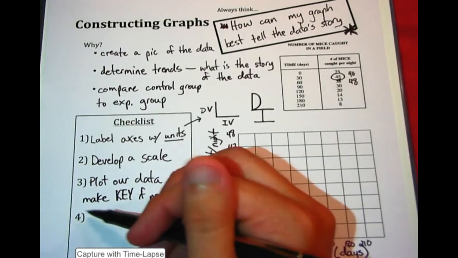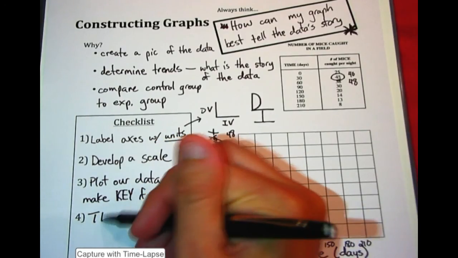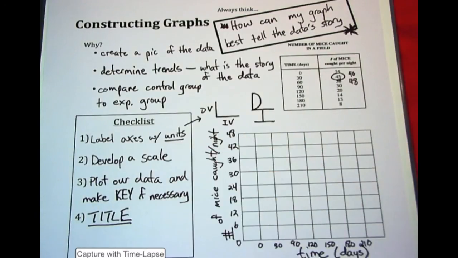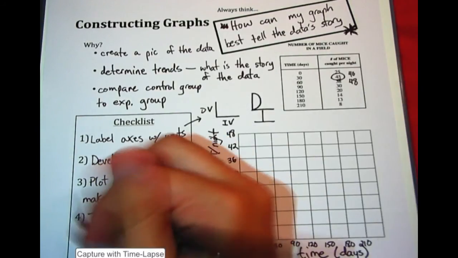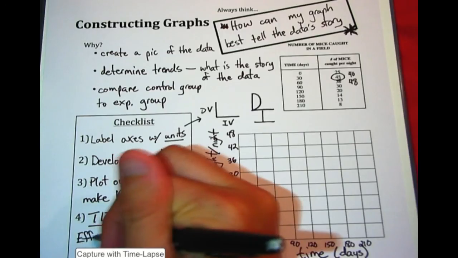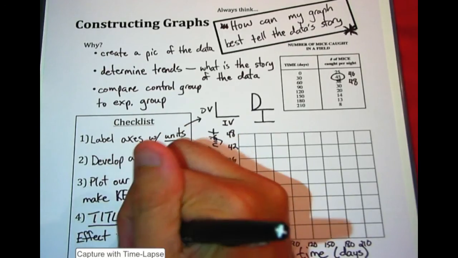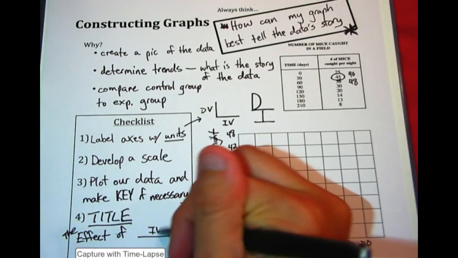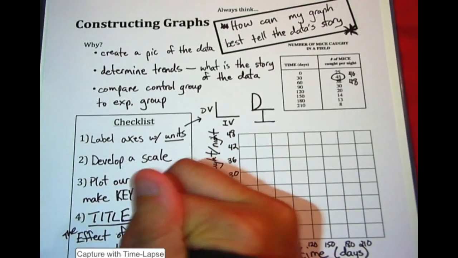Speaking of that, the last thing you need, it's a simple one, but it's very important. Students forget it very often, is a title. Make sure that you do title your graph. And it should be something along the lines of the effect of our independent variable on our dependent variable. So just like our tables.